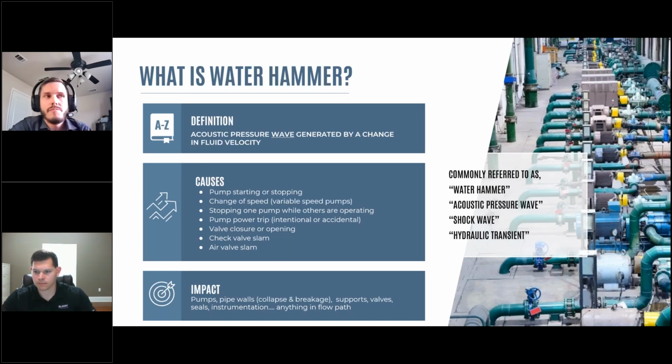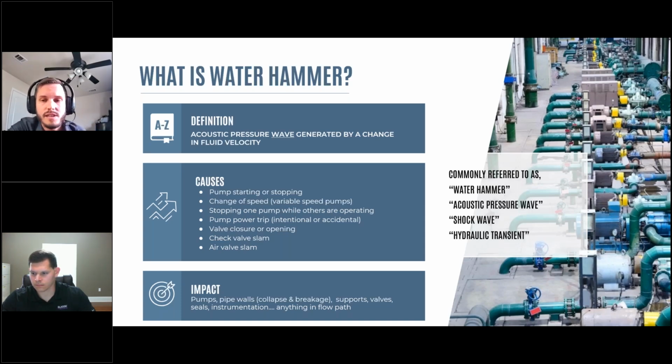So what does this impact? Really, anything in the system: pumps, pump impellers, the body of the pump itself, pipe walls, they can collapse. The supports, because they're holding up the pipe.